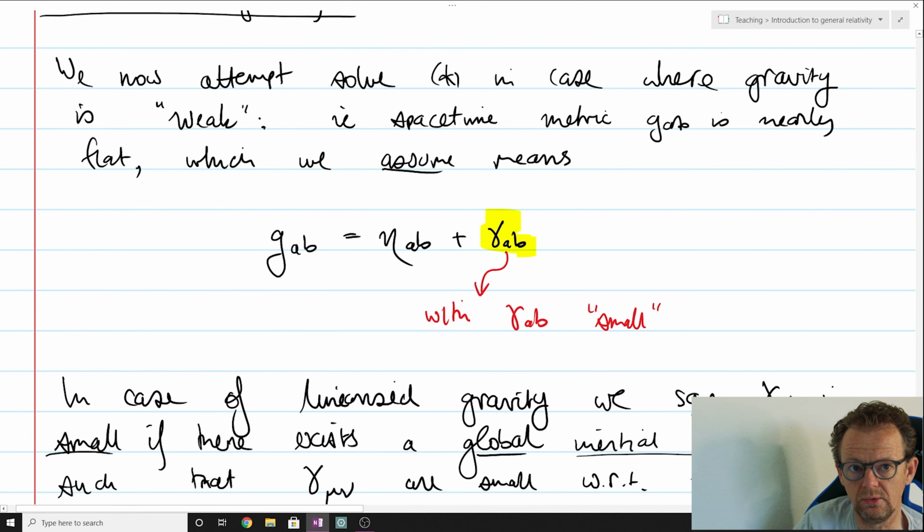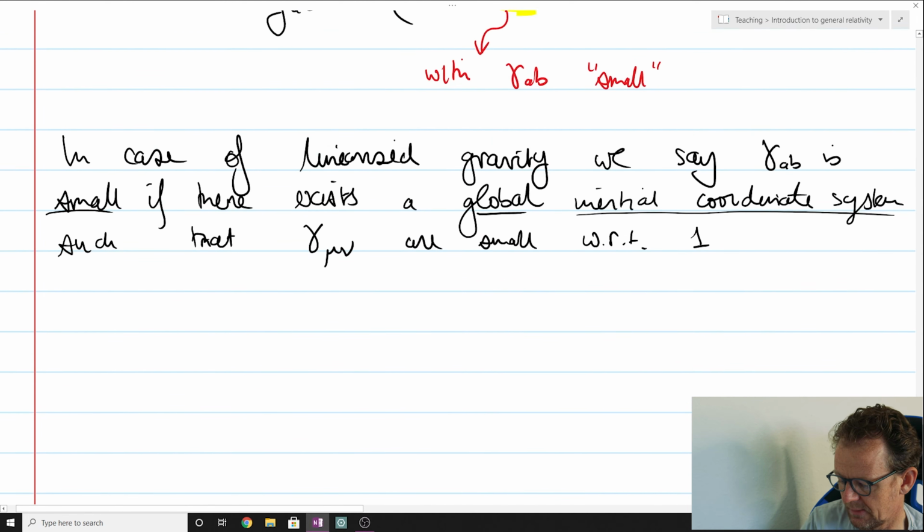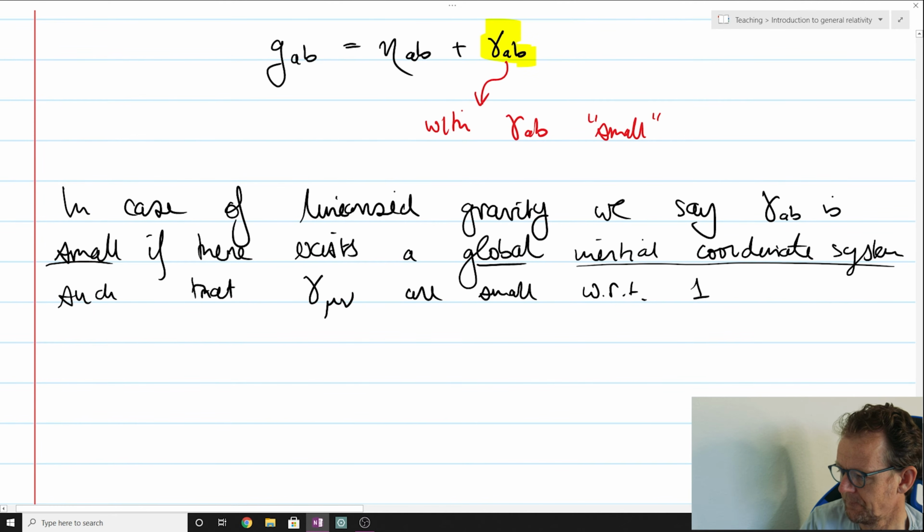And now we're in a coordinate system, we can write out gamma AB in terms of its coordinate components, and those will become numbers that depend on space-time position. And now you can look at those numbers and say, are they small or big with respect to the units of your system.